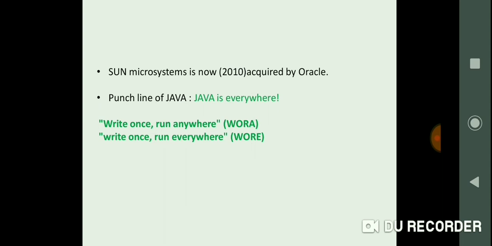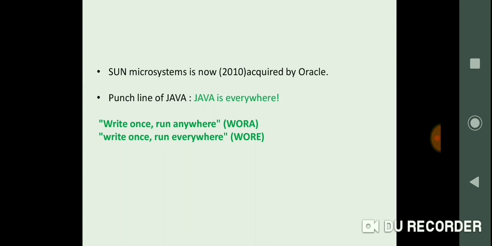Sun Microsystems is now acquired by Oracle. In 2010, it was acquired by Oracle. So we get all the documentation or the latest versions on the official website of Oracle now. Yes, the punchline of Java is write once, run everywhere, or write once and run anywhere.